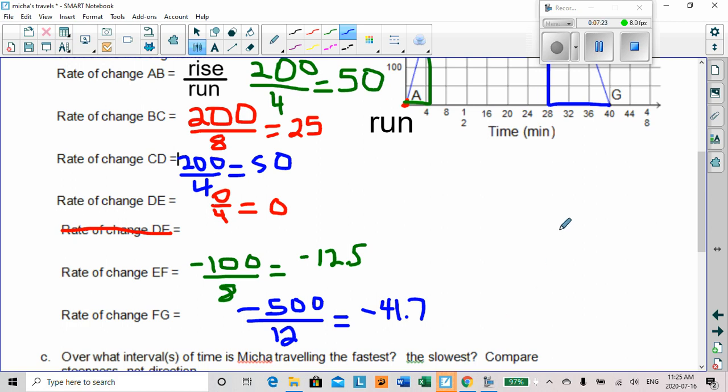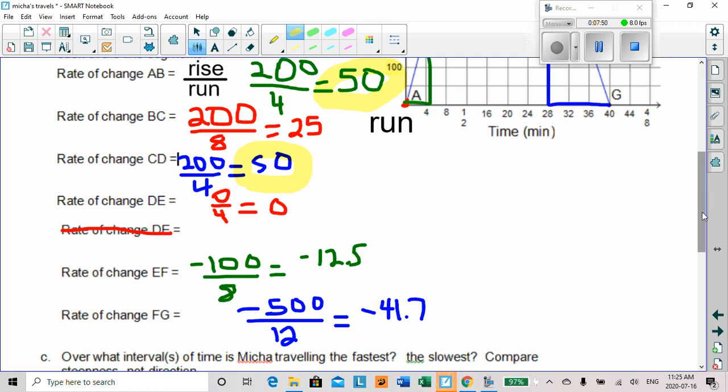Part C. Over what intervals of time is Misha traveling the fastest? Let's go back and we can look at our graph and see what's the steepest, or we can look at our speeds and see what is the biggest. There's a 50 and there's a 50. So those are the fastest.